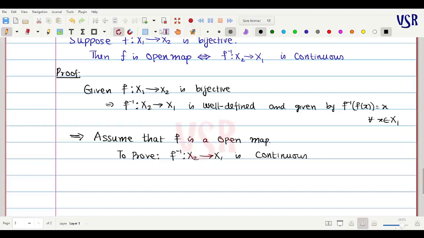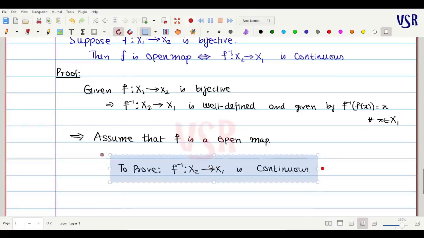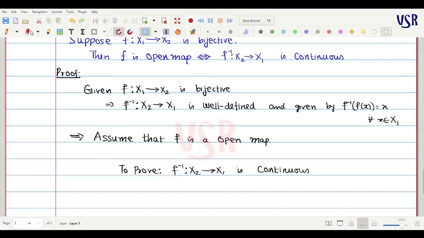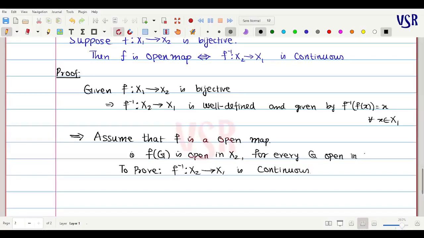Since this is an open map, I may write it this way. F is open, that is f of G is open in X2 for every G open in capital X1.